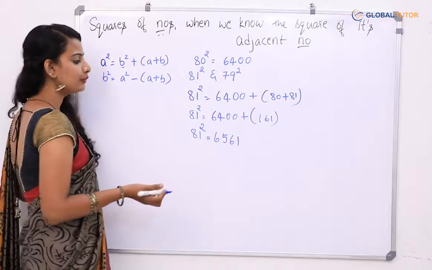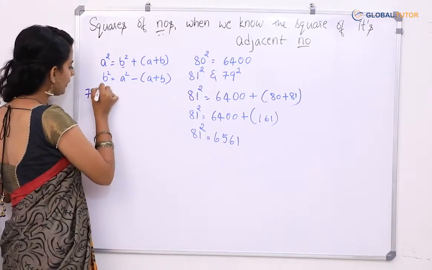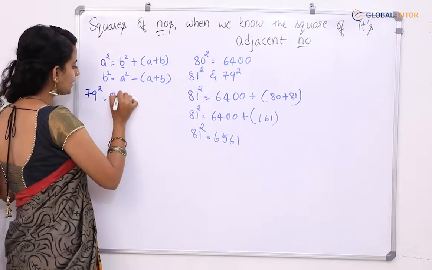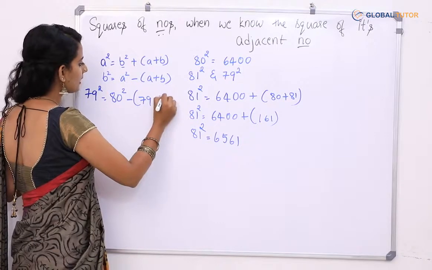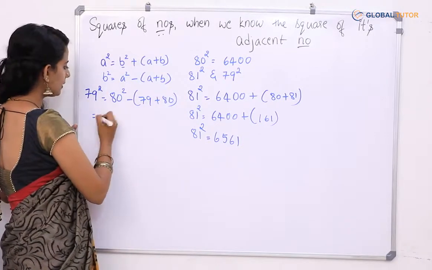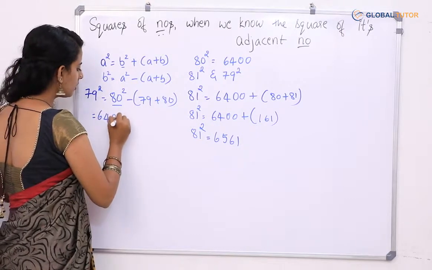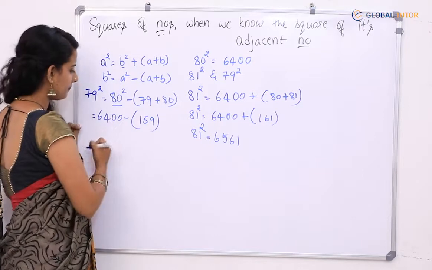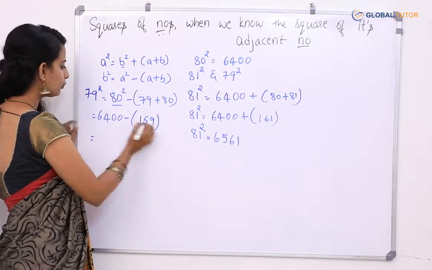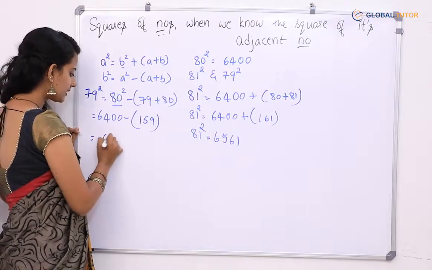Now let us try to find the square of 79. So 79 square will be equal to 80 square minus 79 plus 80. So this will be equal to, what is 80 square? 6400, then minus 159. Now if you remove 159 from 6400, it is 6241.